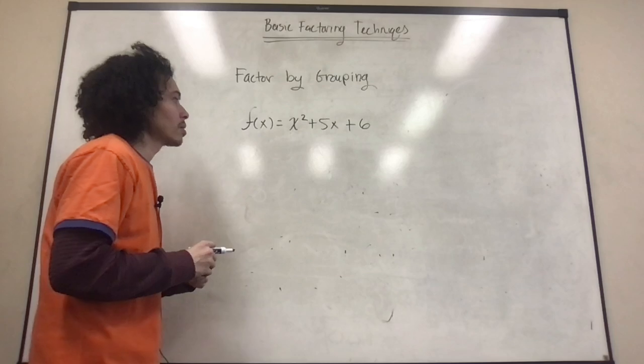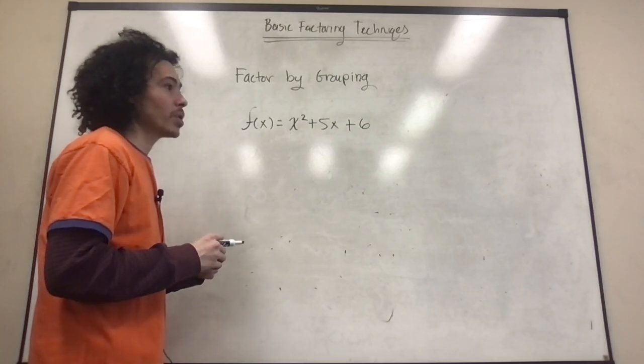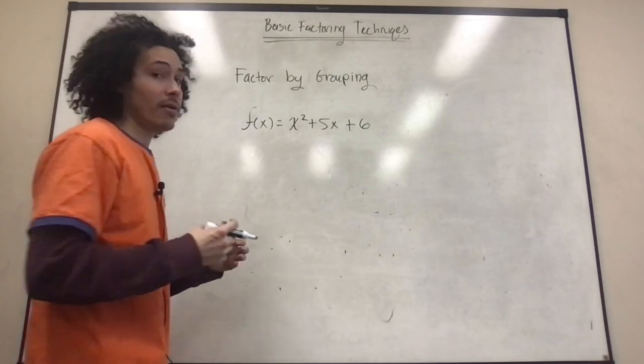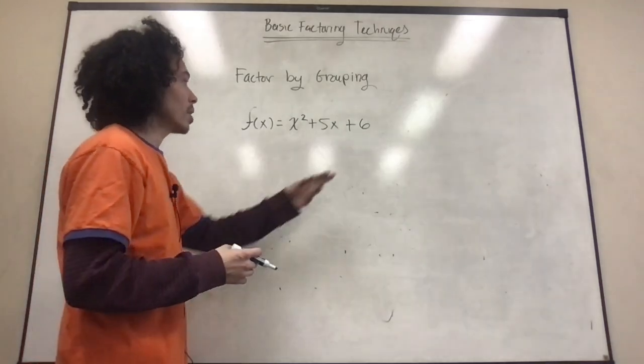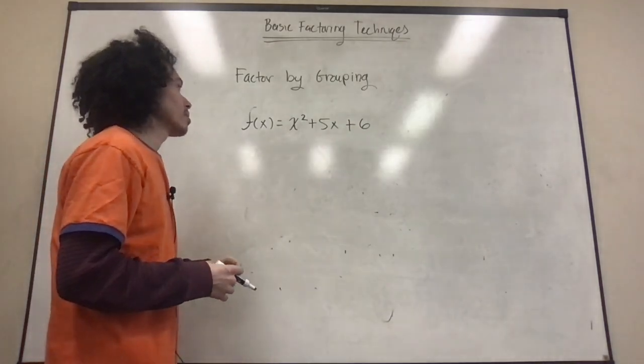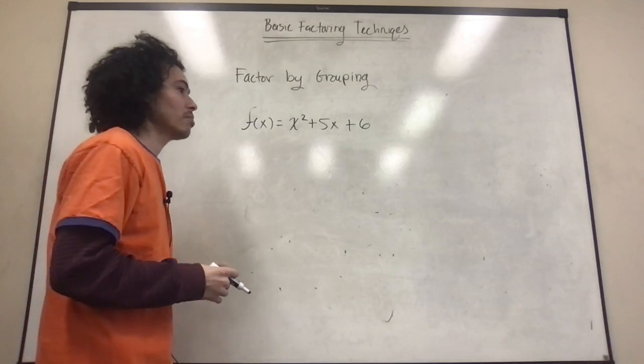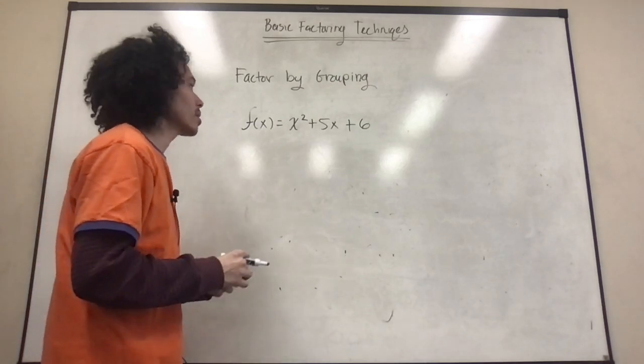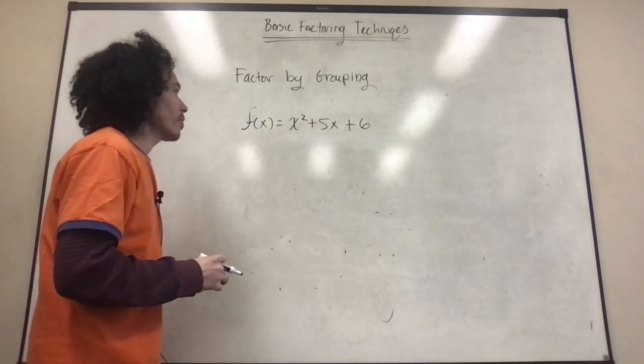Or another way to put it would be, is there any factor that you can pull out of each of these elements that would give you a very neat whole number?